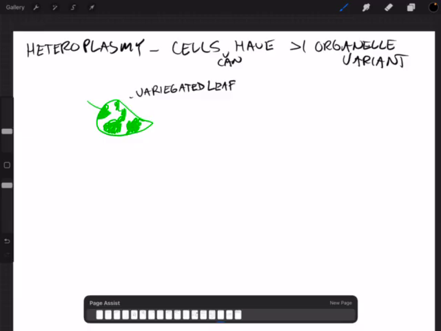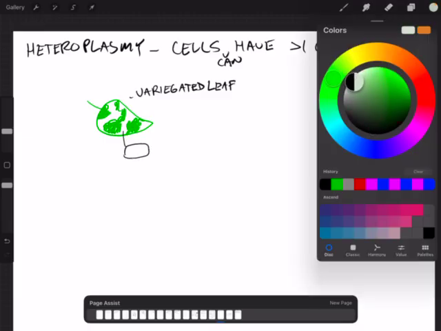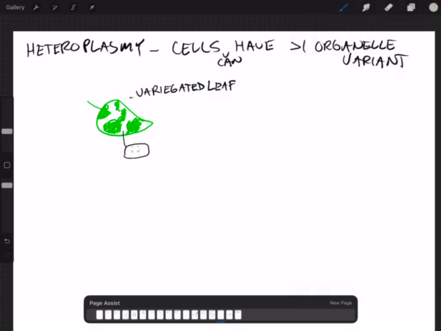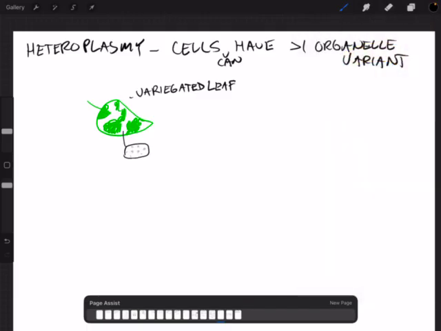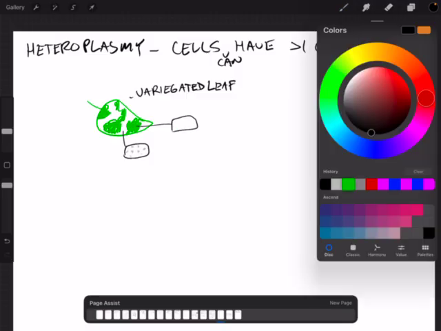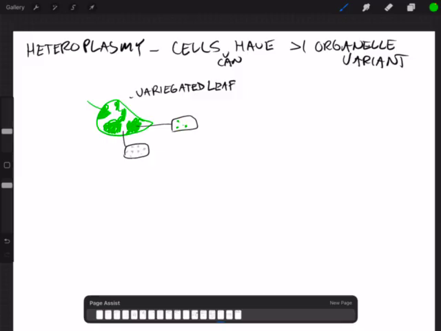Okay, what's happening is if you look at the white patches, you have cells that mostly have an organelle variant, a chloroplast variant in this case, that is itself relatively pale. And if you look at the green patches that are dark, you have cells that have mostly a darker colored chloroplast. Remember, chloroplasts are giving that green color to the plants.